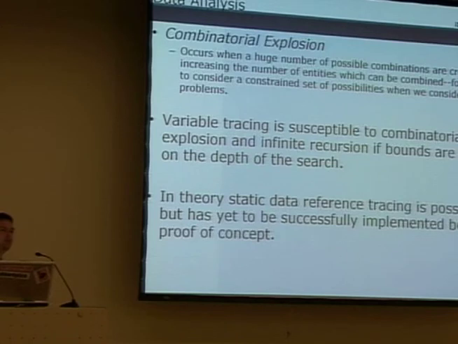If you restrict it to smaller portions of code, it's more applicable, but essentially, this occurs when a huge number of possible combinations are created by increasing the number of entities which can be combined, forcing us to consider a constrained set of possibilities. It's a mouthful, but it essentially just means that you're going to run out of system resources before long if you create all these complex trees of relationships between data references in the code.